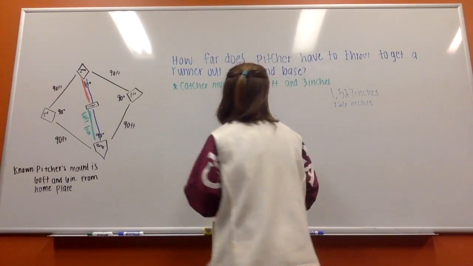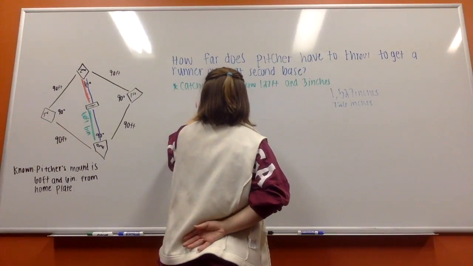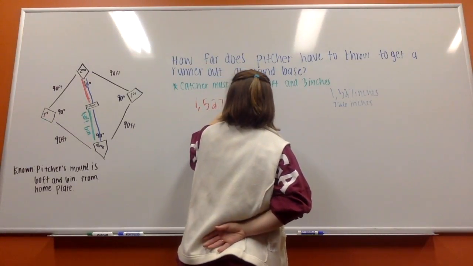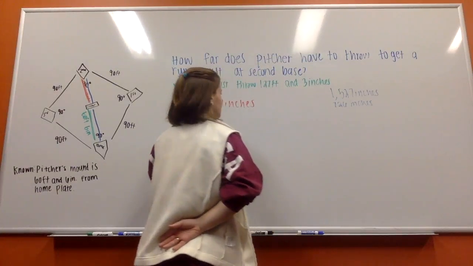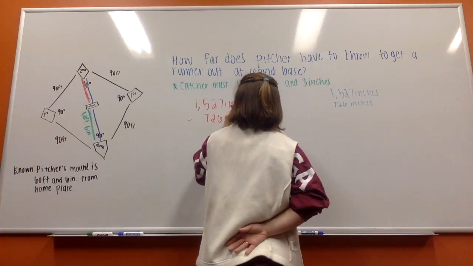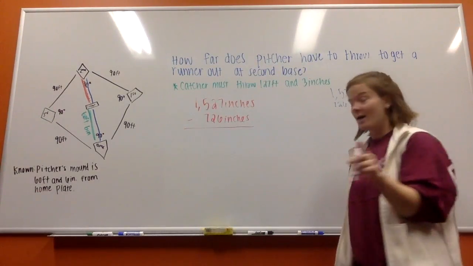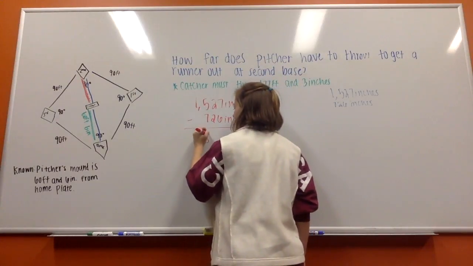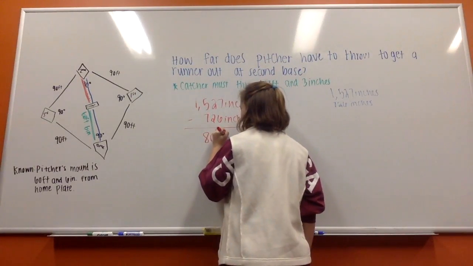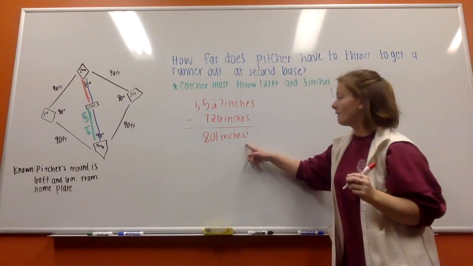So let's solve this one. 1,527 inches minus 726 inches gives me, anyone want to do the math? 801 inches. That's how far he has to throw this.